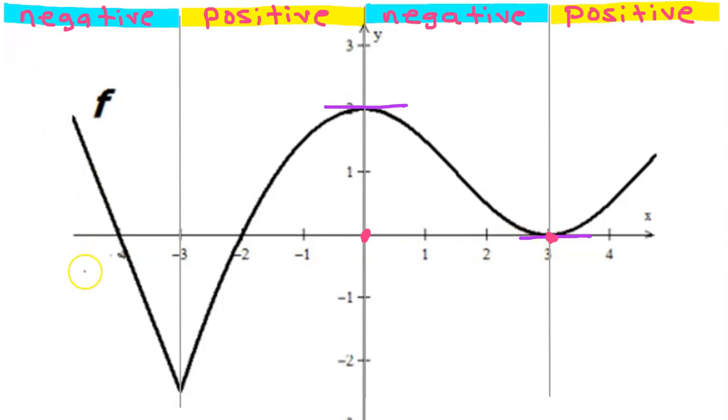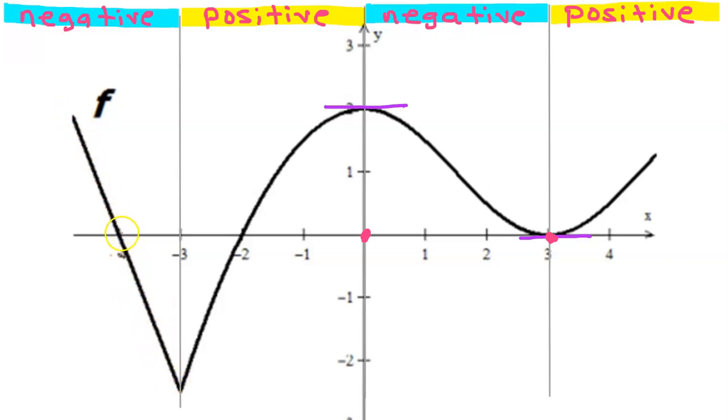I'm ready to start sketching my graph of f prime now. Remember that f prime is the slope of this curve at every point. However, because in this first interval, function f is linear, that means there is a constant slope. We should be able to use the numbers and figure out exactly what the slope is for this segment.